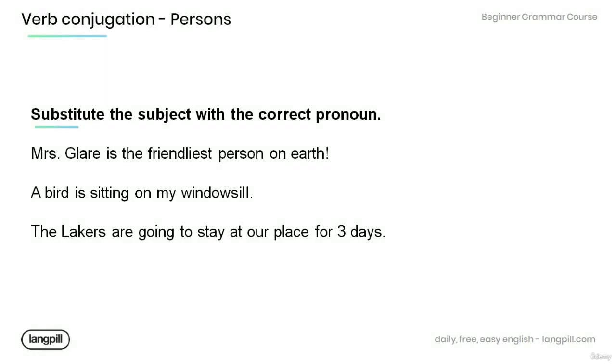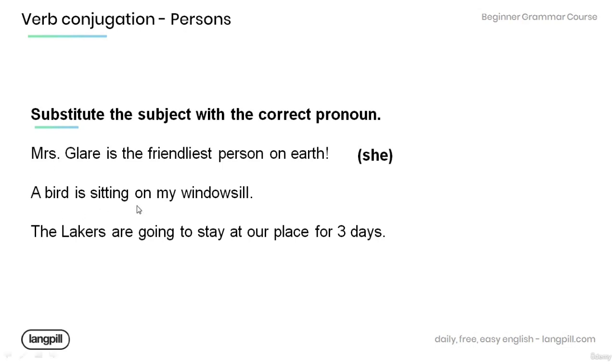Now let's review and practice a bit. Have a look at the following sentences and substitute the subject with the correct pronoun. First sentence, Mrs. Claire is the friendliest person on earth. She is the friendliest person on earth.